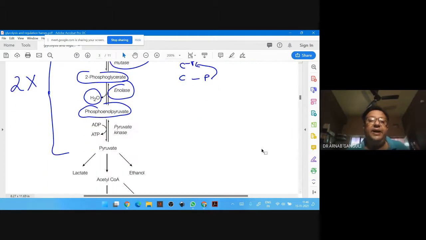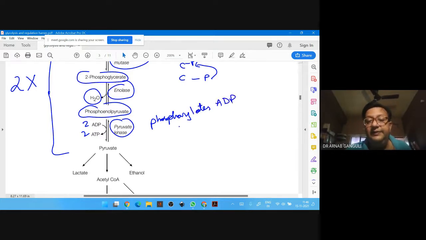Then the enzyme pyruvate kinase again phosphorylates ADP to release ATP, and essentially it is into 2.